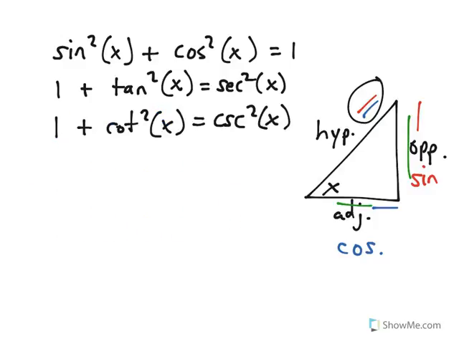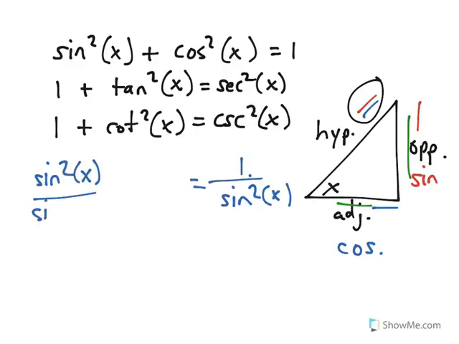The last one is 1 plus cotangent squared of x equals cosecant squared of x. And this is very similar to the previous one, but let's walk through it. So we know cosecant is just 1 over sine. So 1 over sine, which is the inverse, and let's write everything else in terms of sine. So sine squared x over sine squared x.